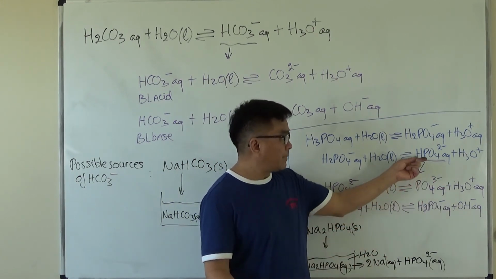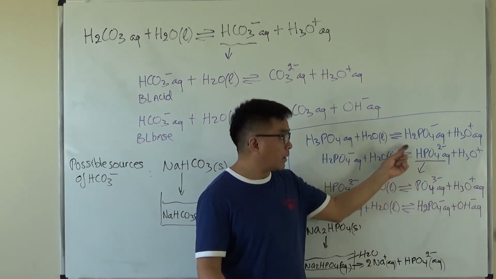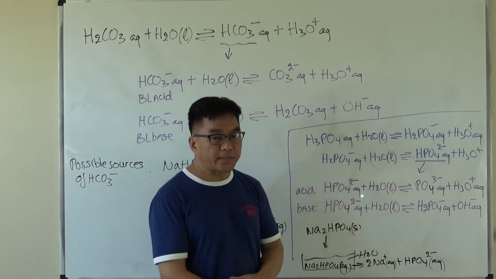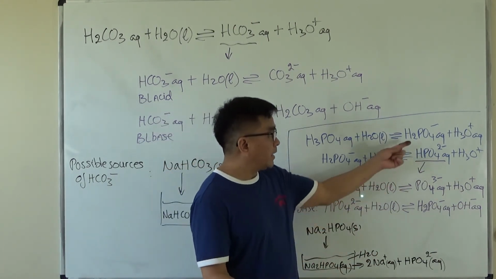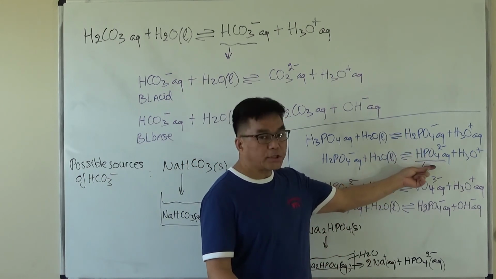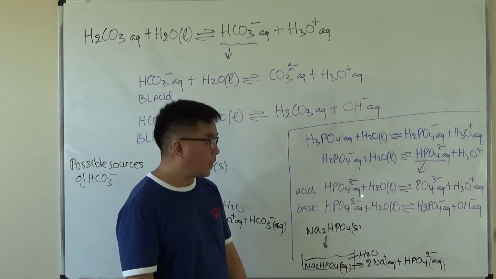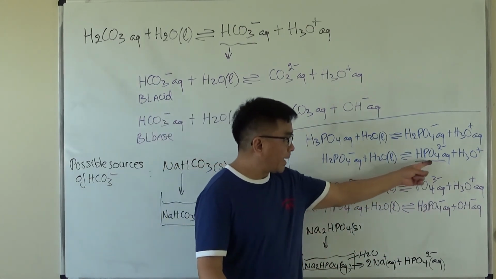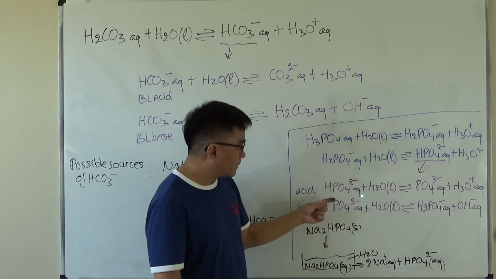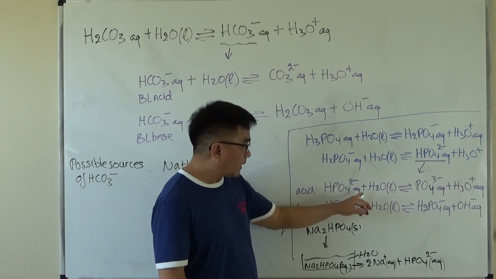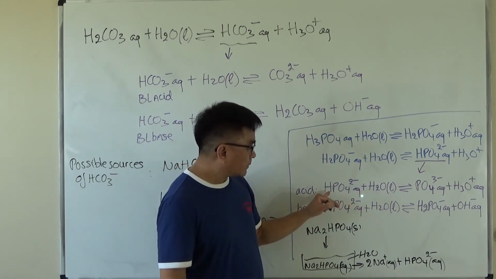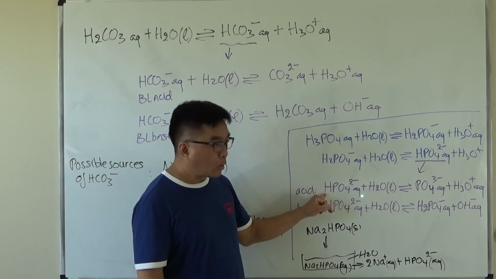Okay, but let me just stop here, because I just want to show you what an amphiprotic substance is. Either dihydrogen phosphate or monohydrogen phosphate are amphiprotic forms, because for example, the monohydrogen phosphate can donate the remaining proton to the water.